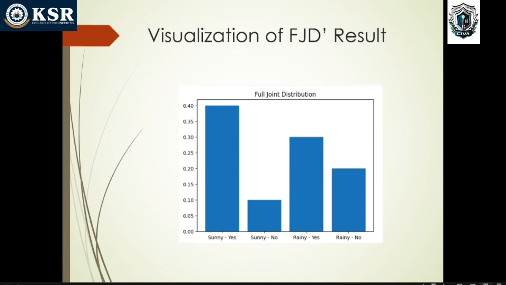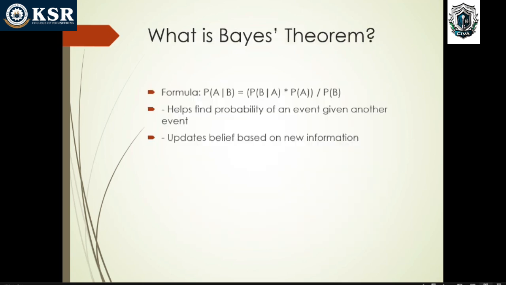I hope you all understand the concept of FJD. Now we are going to see Bayes Theorem. Bayes Theorem has a formula: P of A given B equals P of B given A times P of A divided by P of B. Here P is the probability of an event.